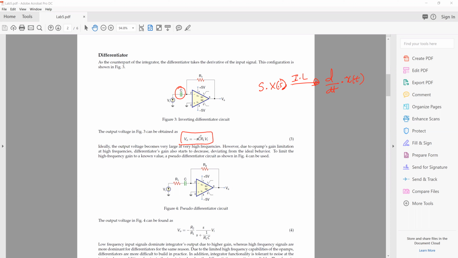So we are multiplying Vi of S with S. So the time domain representation of this would be Vo of t equals negative CR1 times d by dt of Vi.